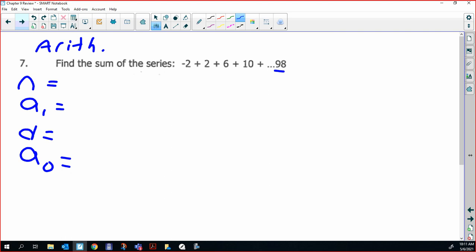We do know the first term is -2. We can see that it's adding 4 each time, which means the number before that -2, theoretically, would be -6.